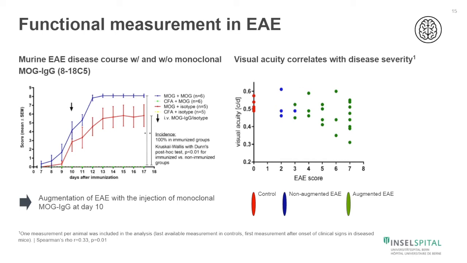The non-augmented EAE animals have a disease score of approximately 2 to 3 and have a lower visual acuity. And in the augmented group, you have not only a much higher severity score of the disease, we are talking about 6 to 7, but you have an even further diminished visual acuity that clearly is correlated to the disease severity.